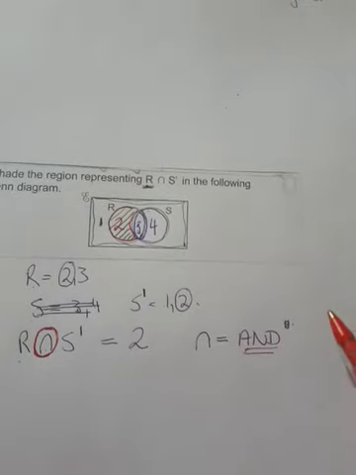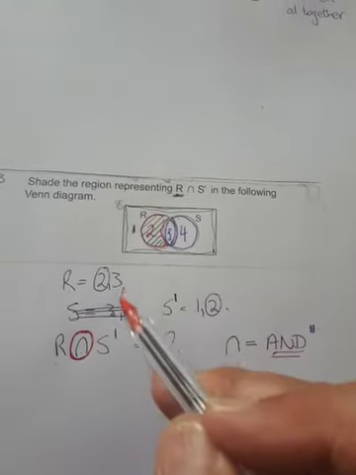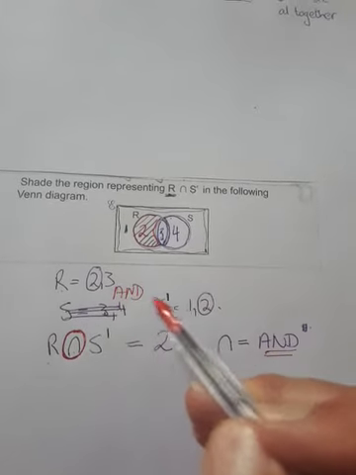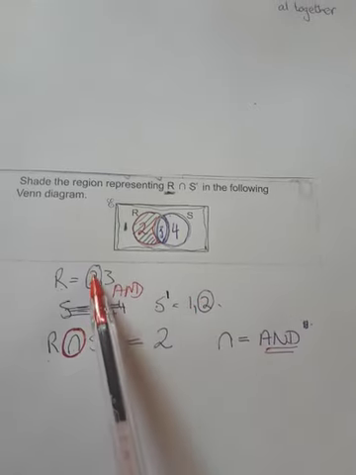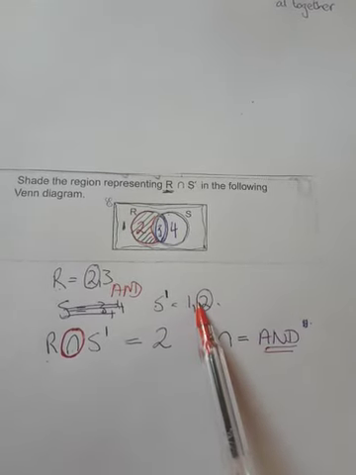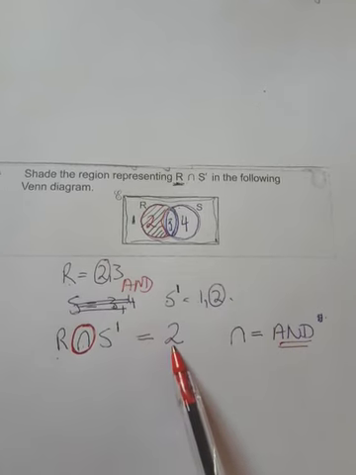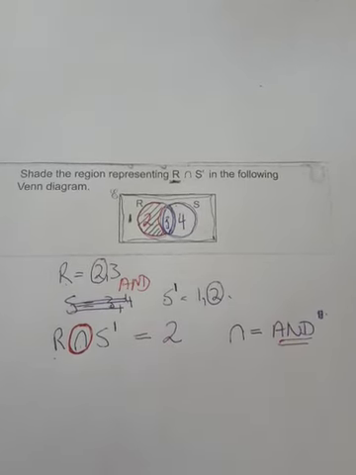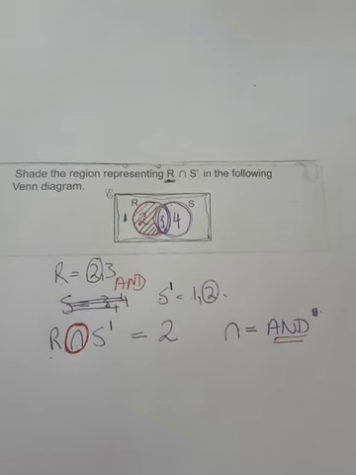You must find the region that is in R and in S complement. And the only one that is in both is region 2. Therefore, you will color region 2. I hope this is helpful. Maybe watch it twice and practice a little bit.